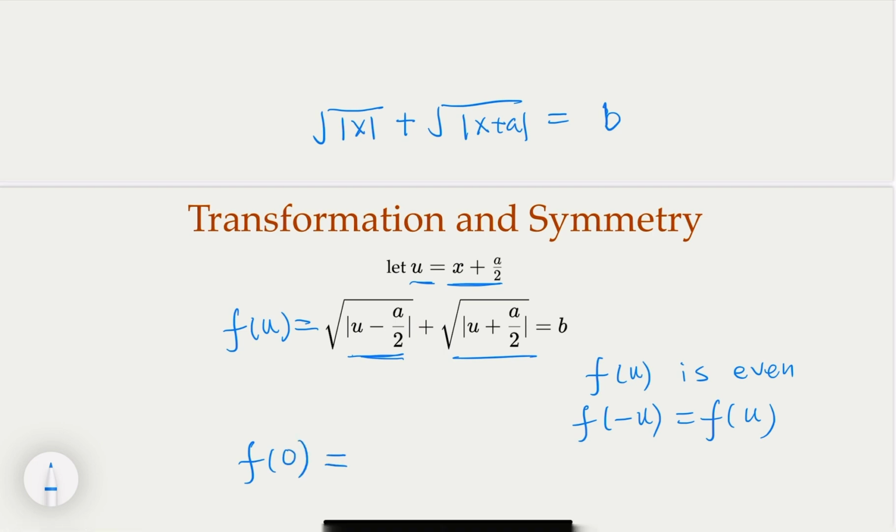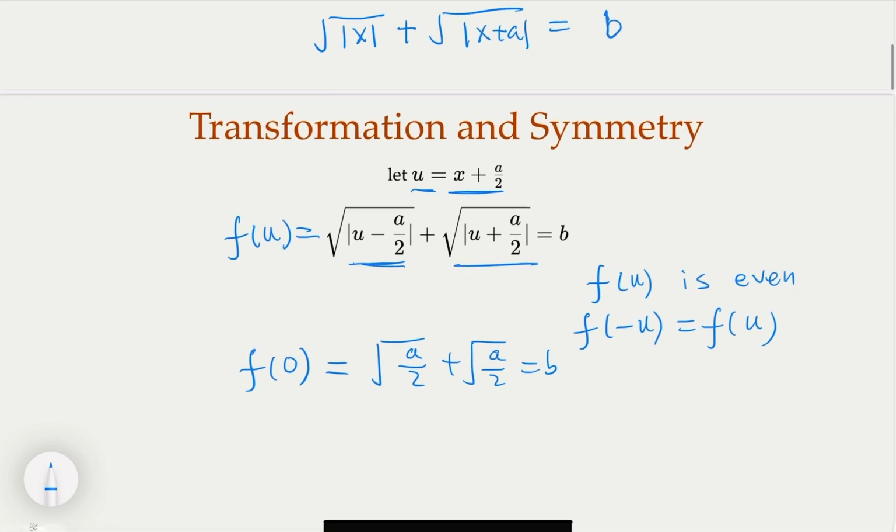If we plug in, we have a over 2 equal b. In other words, 2a over 2 equal b here. The left hand side is equal to the square root of 2a. All right, that's good. We know they are related like this.